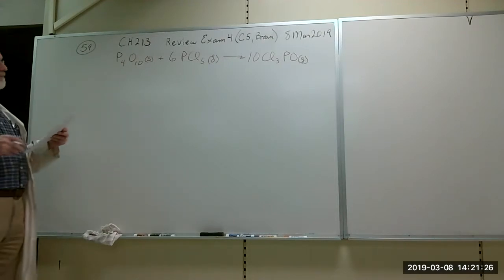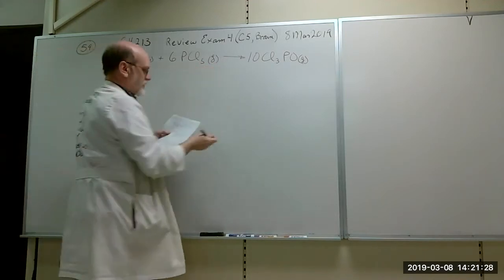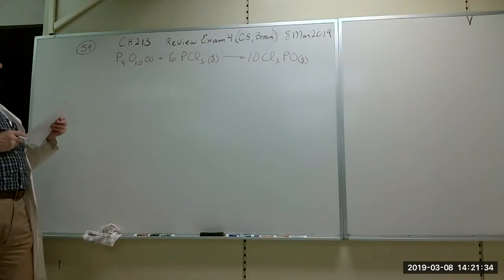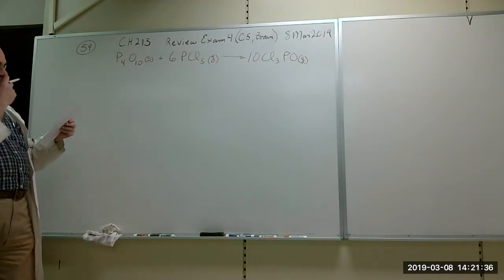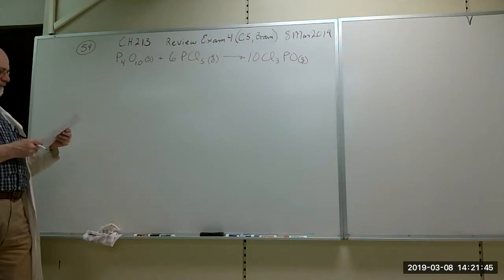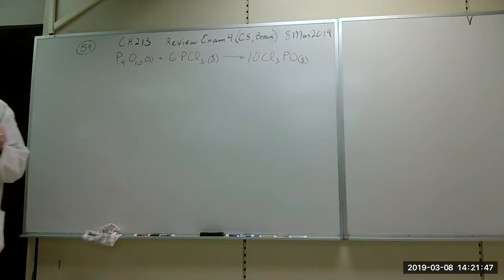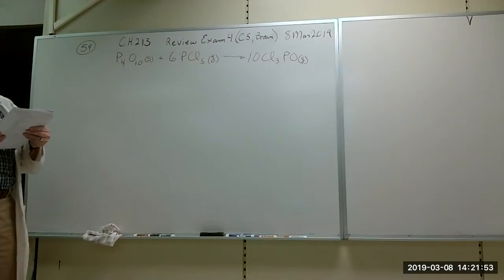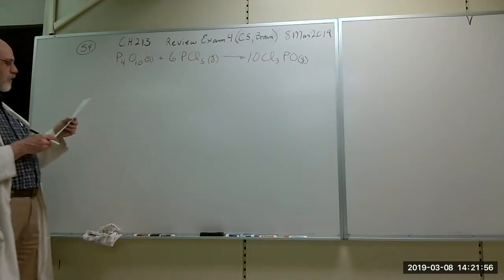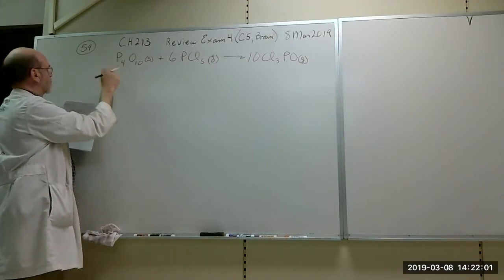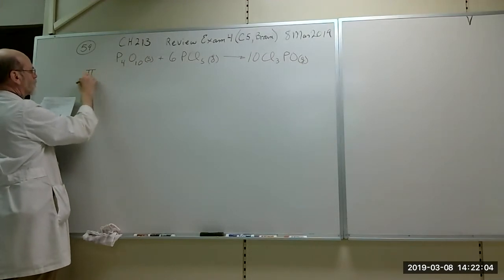So what you do is you look at the components here and find the equations that have those in them. So let's look at the first one. There's a P4 plus 6Cl2 and PCl3. Okay, that one doesn't fit yet. That doesn't mean we don't need it, but this doesn't say we need it. So let's move to the next one and see. That one has P4O10. Okay, so number 2 will function for this one.